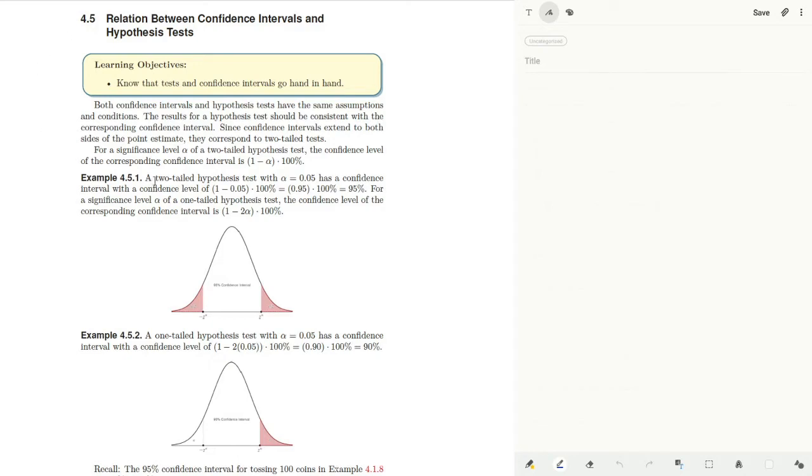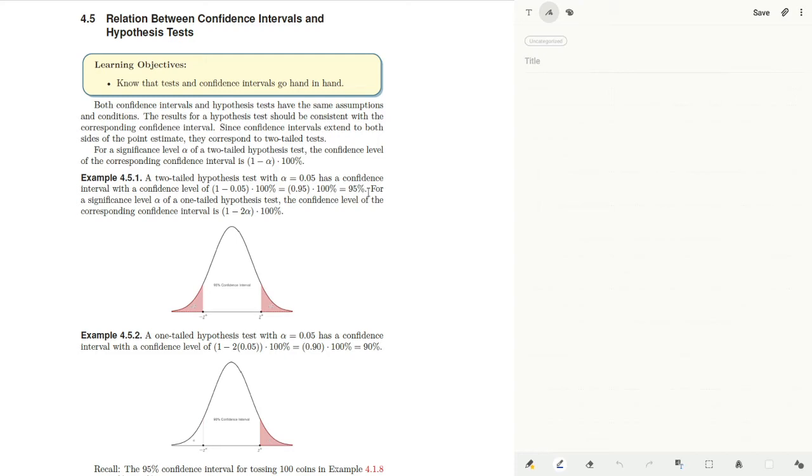So for example, for a two-tailed hypothesis test with a significance level of 0.05 or 5%, the corresponding confidence level for the confidence interval will be 1 minus alpha, or 1 minus 0.05, which will be 95%.